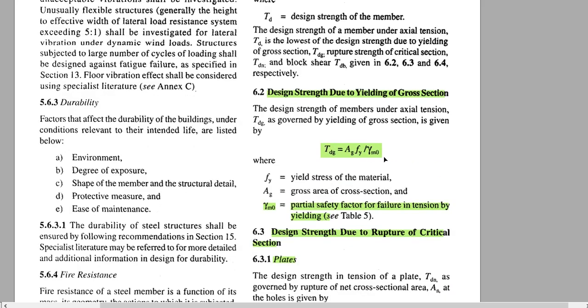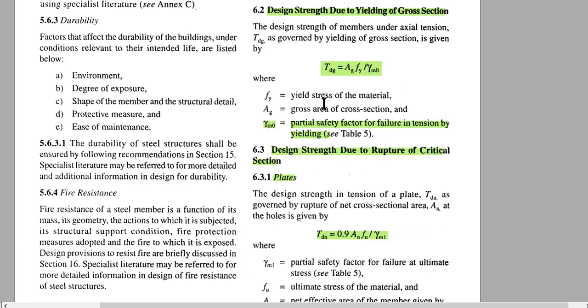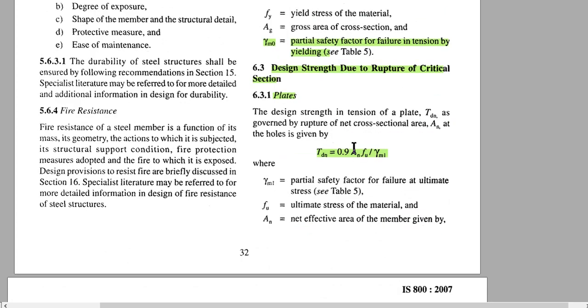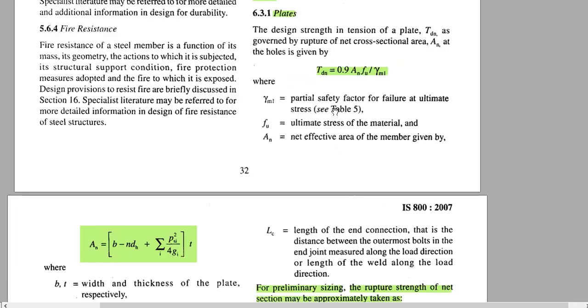You should find this answer for this question. Then you should find the design strength due to rupture of critical section. Within this heading, this formula is for the plate, so you have to find this strength for angle.